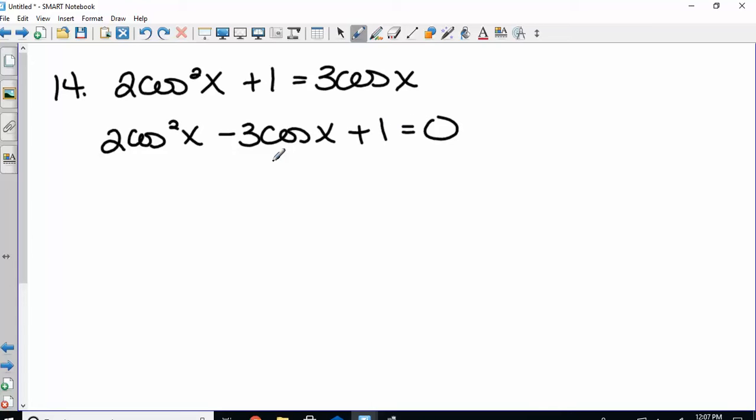Okay. From here, we need to do what? Box method. Because it is a 2, we need the full box method.